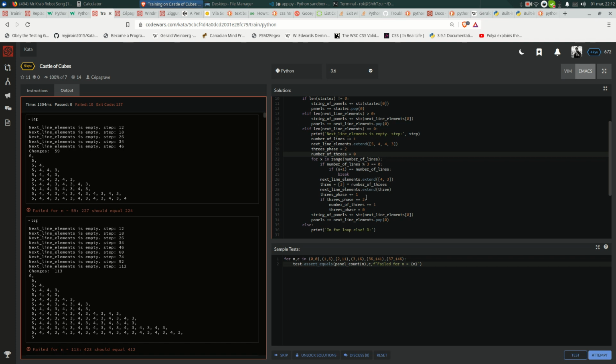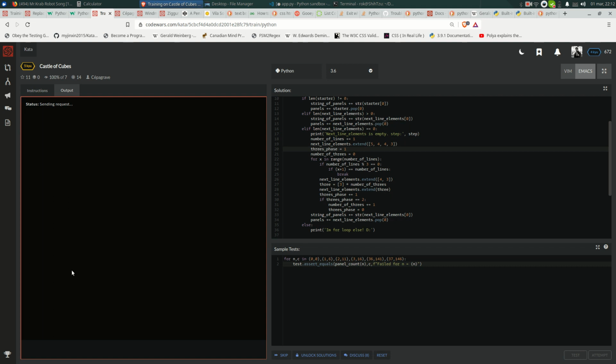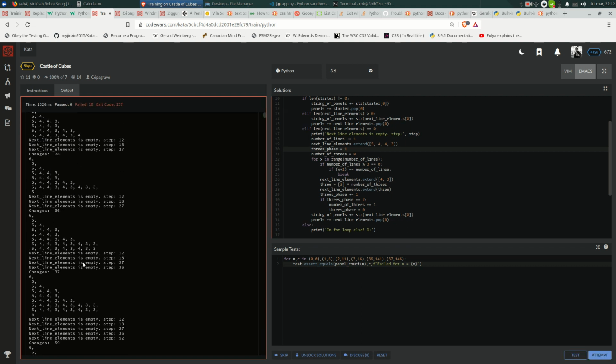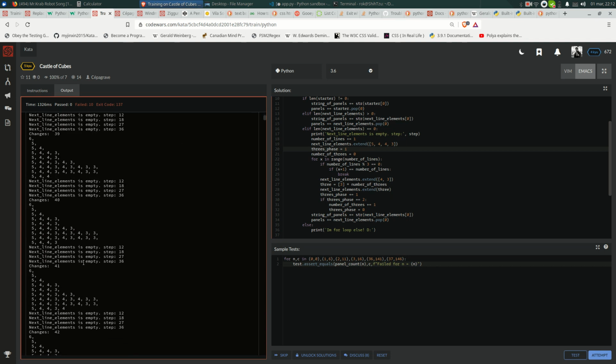Number of threes plus equals 1. Threes face is 0. Threes face is always plus 1. Oh. So it just started 1. Attempt. No, my logic is so messed up. So I think we got it now.